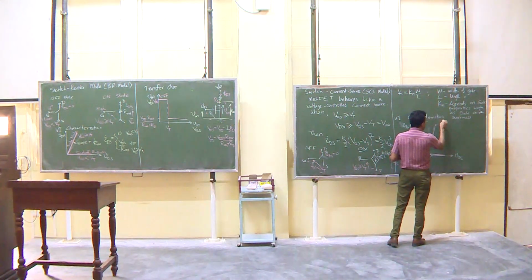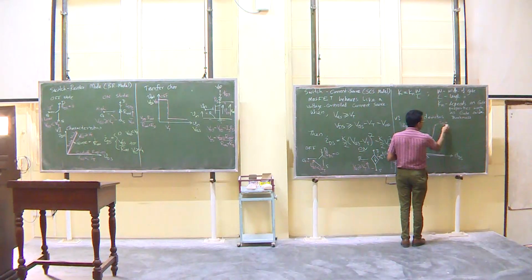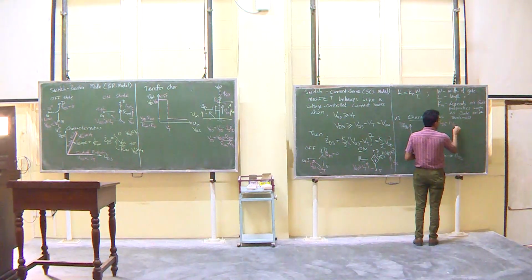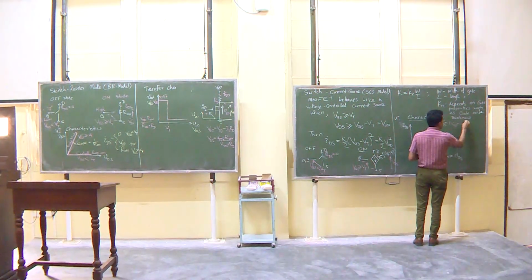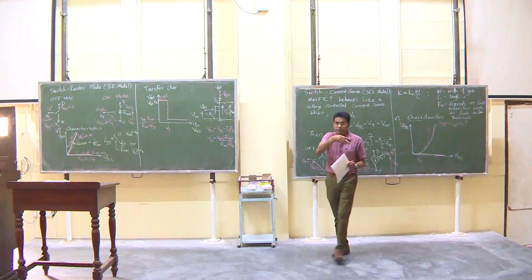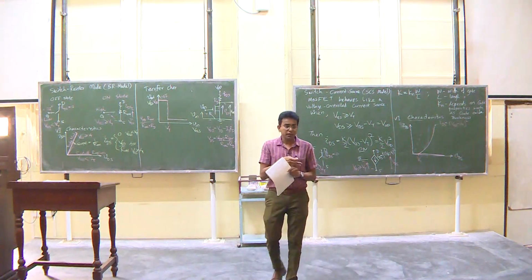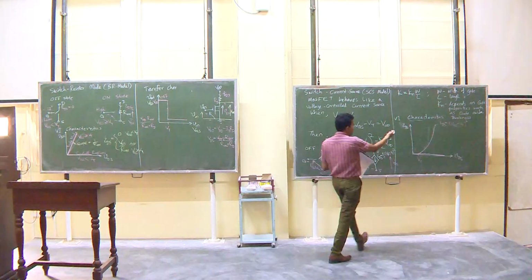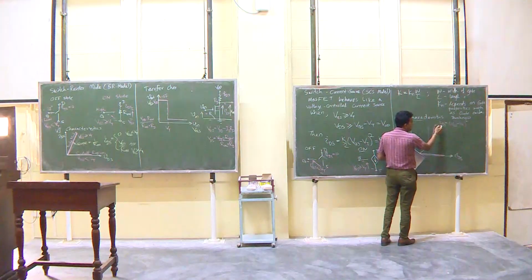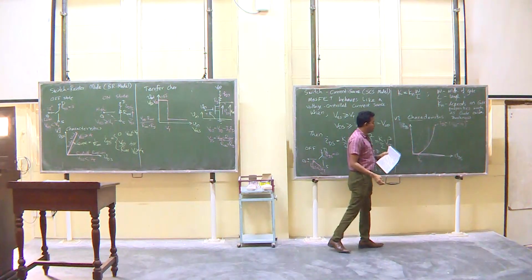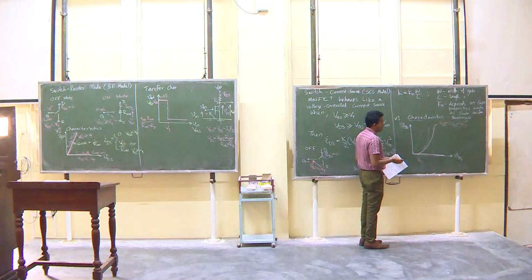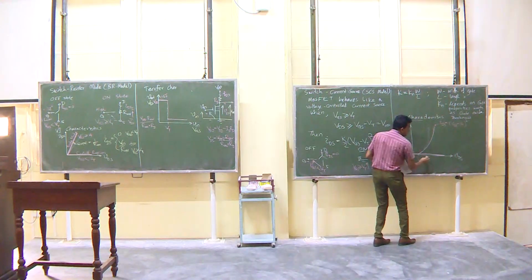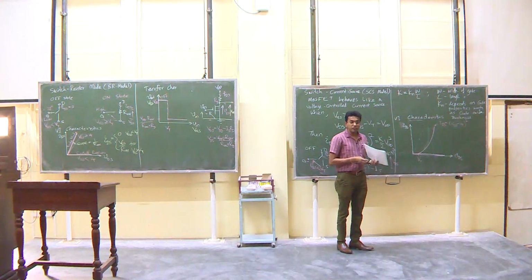This is basically IDS equal to (VGS minus VT) squared. On this particular curve, that curve represents this equation, right? This curve basically represents this curve, assuming on this side we have VGS.